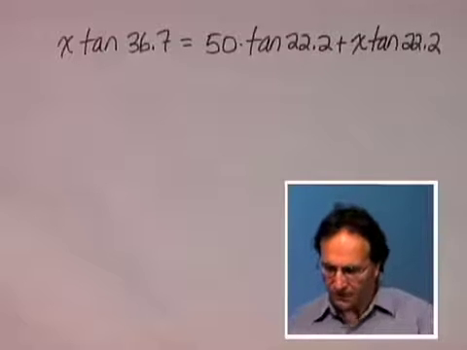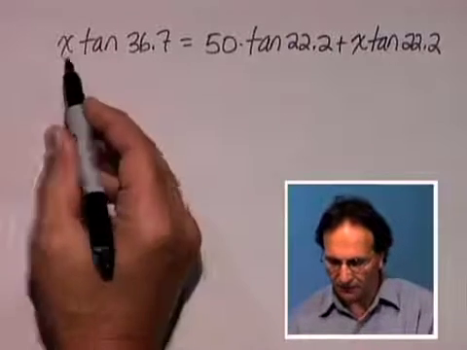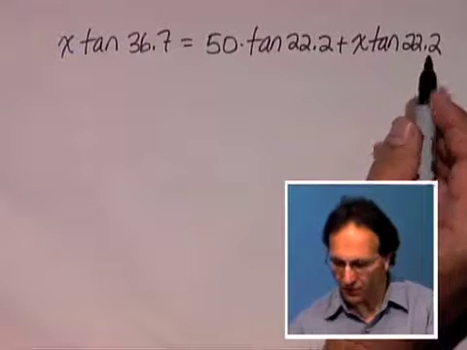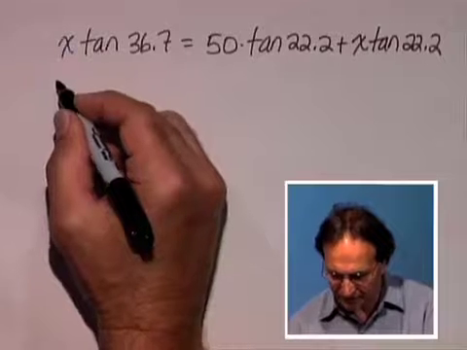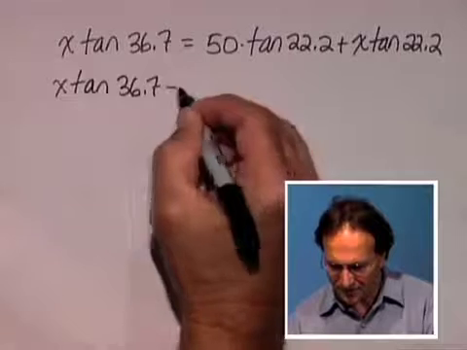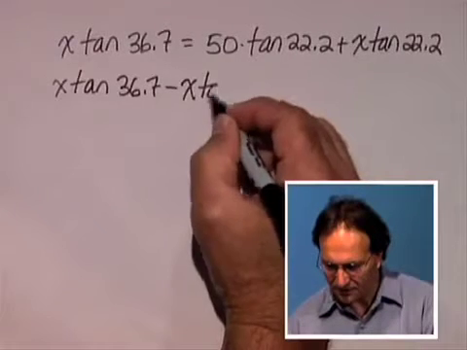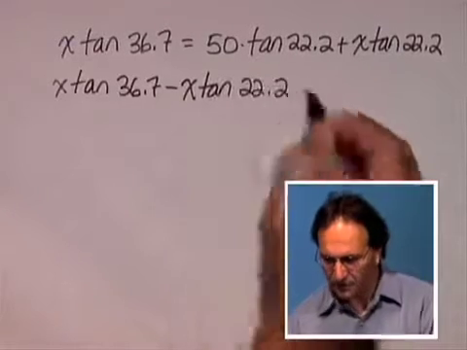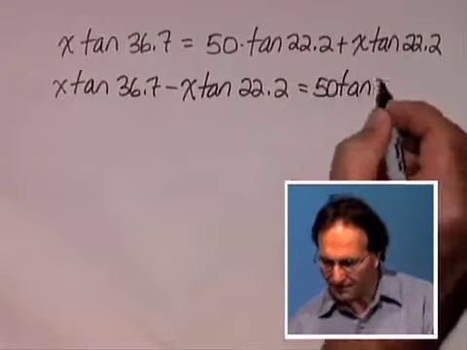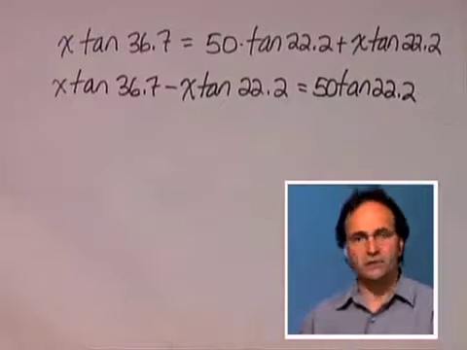So we need to solve that equation for x, and I've written that on a new piece of paper because we need more space. So let's take a look. So that's the equation. We want to solve for x, and that means I will subtract x times the tangent of 22.2 from both sides. So I have x tangent 36.7 minus x tangent of 22.2, and that's equal to 50 tangent 22.2.